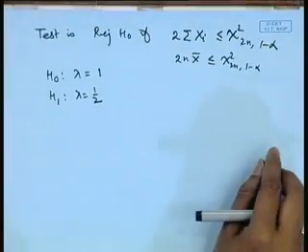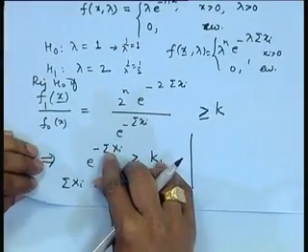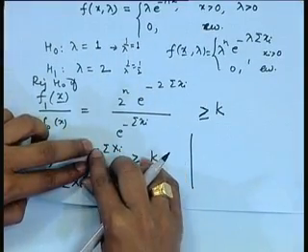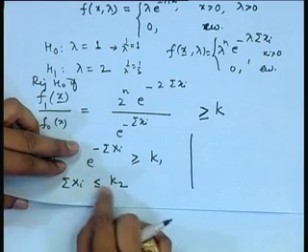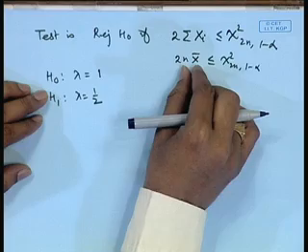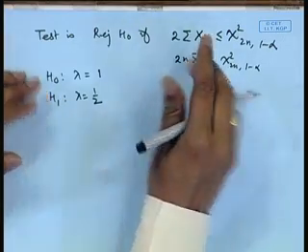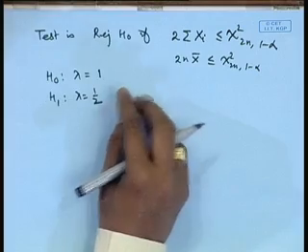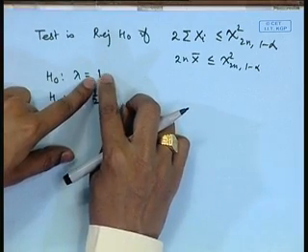So, in that case, in the numerator we will get e to the power sigma xi by 2 with a positive sign, and then the test function will become sigma xi greater than or equal to something rather than less than something. So, when we analyze this, we get that the test would be to reject for larger values of x bar, which is natural, because when I say lambda is equal to half, that means 1 by lambda is equal to 2, which is bigger than 1 by lambda is equal to 1 here.